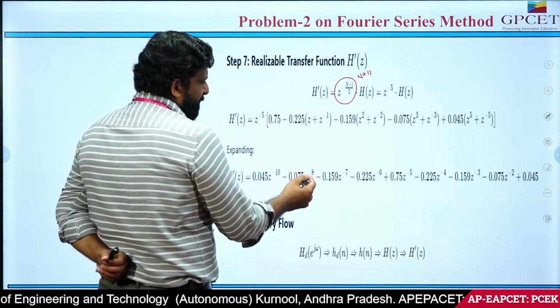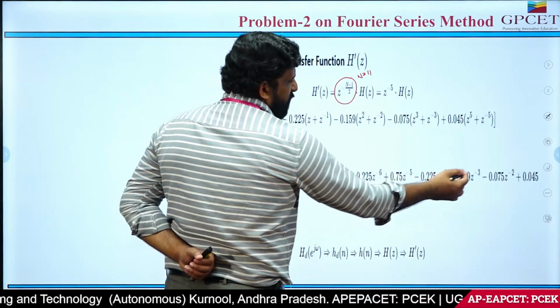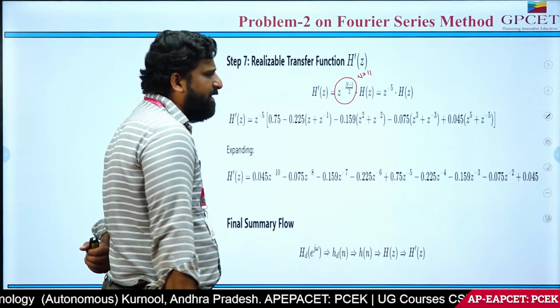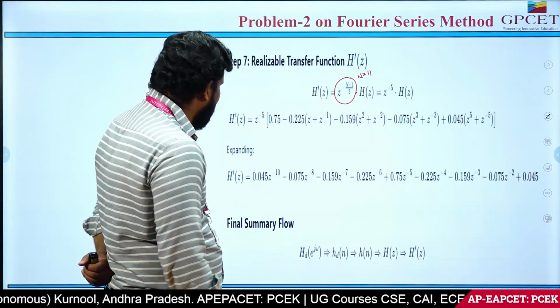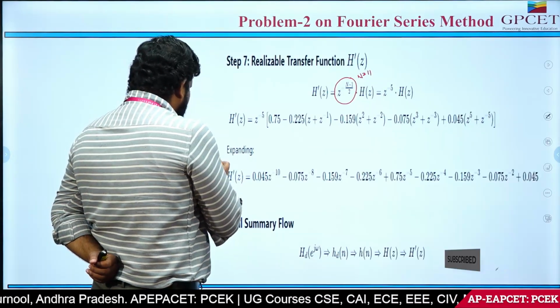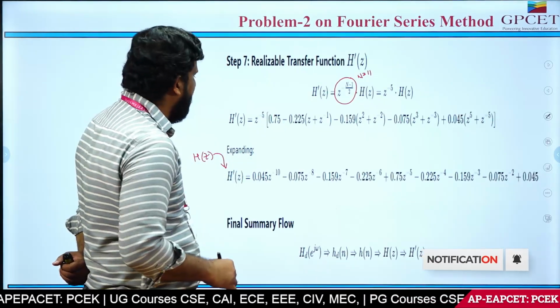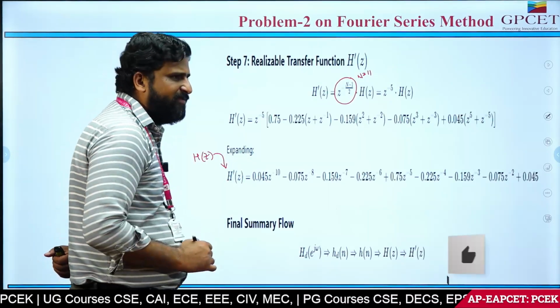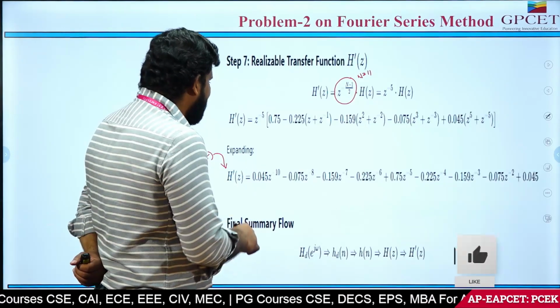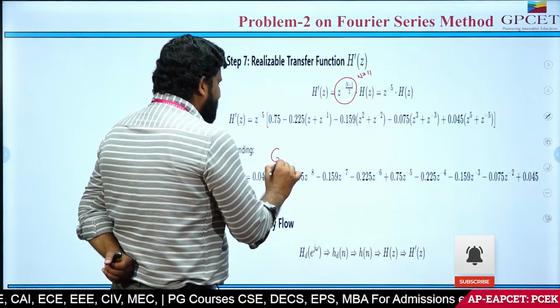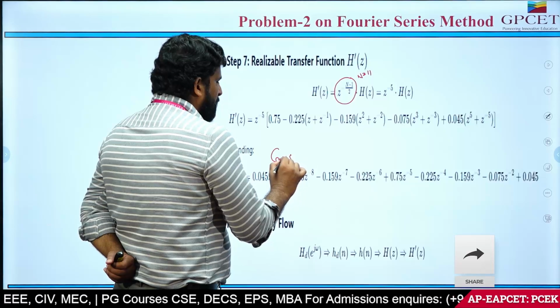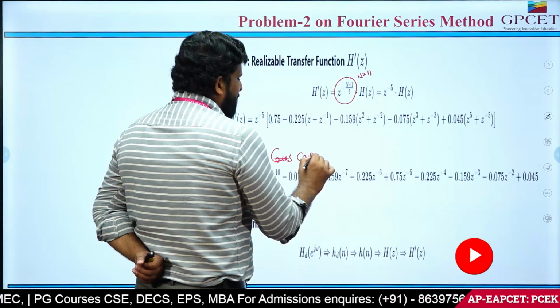All the powers z power minus 10, minus 8, minus 7, minus 6, 5, 4, 3, 2, 1 are in negative terms. That means h of z, after multiplying it with z to the power of minus (n minus 1) by 2, is converted into h inverse of z. After this conversion, it is formed as a causal system.